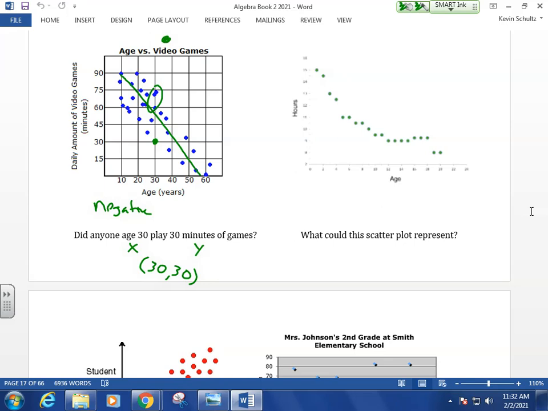Okay. The next one. This one is notoriously horribly copied on your page. Can you read what it says? Age and hours. Okay, so the x-axis here is age, and the y-axis is hours. The age values start at 0, and they count up by 2s, and the largest x value where there's data is 20.